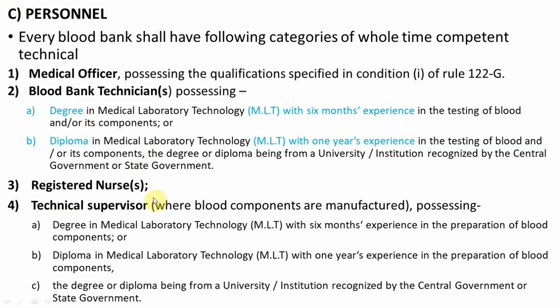Third, registered nurse. Fourth, technical supervisor, who should have a degree in MLT with 6 months experience in the preparation of blood components, or a diploma in MLT with 1 year experience in the preparation of blood components.